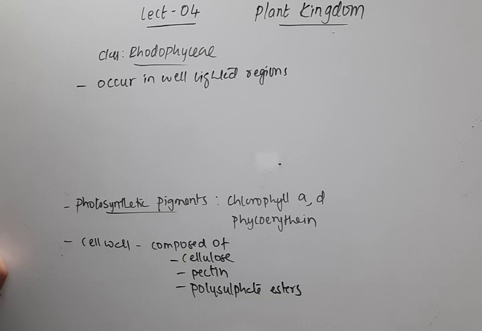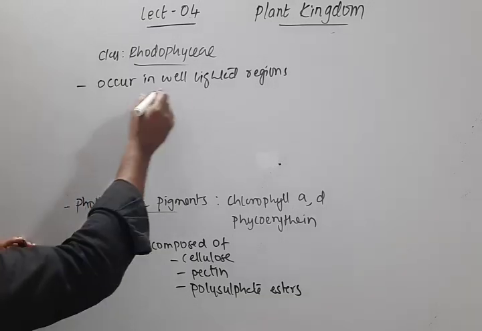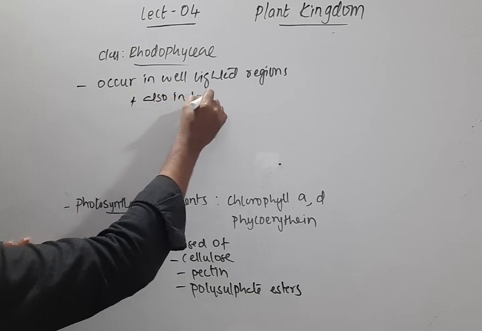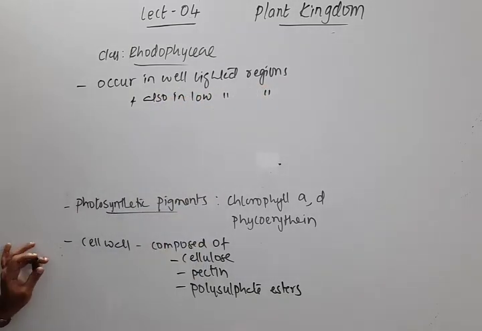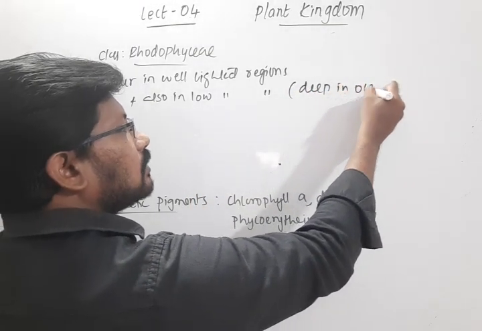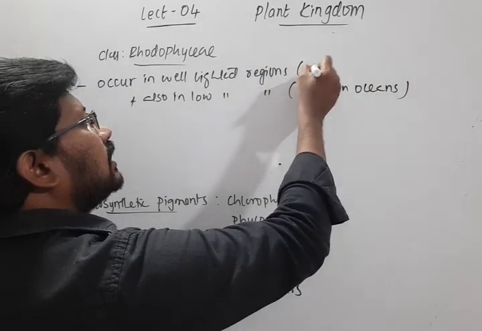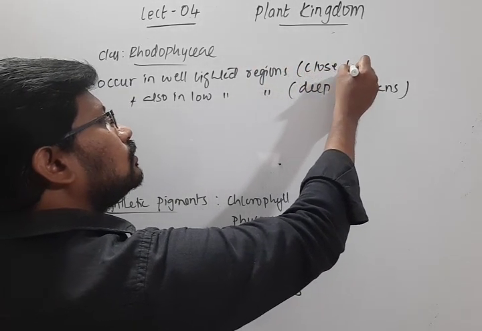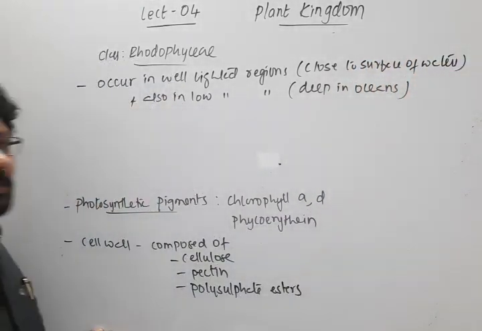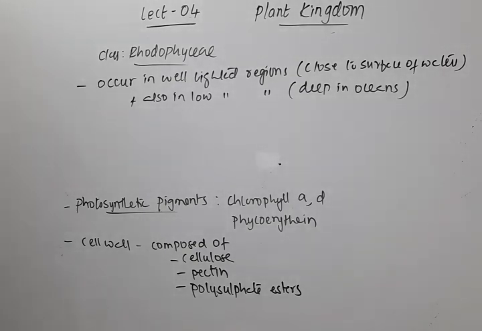The closer they are to the surface, the more light they get, and the deeper they live in the ocean, the less light they get. Low lighted regions are deep in oceans, whereas well lighted regions are close to the surface of waters.